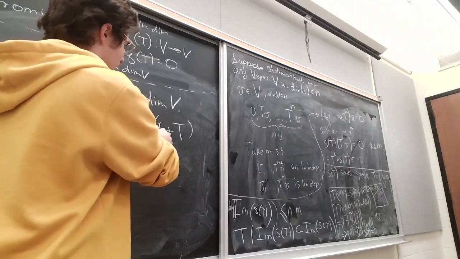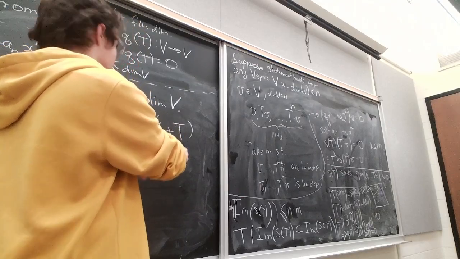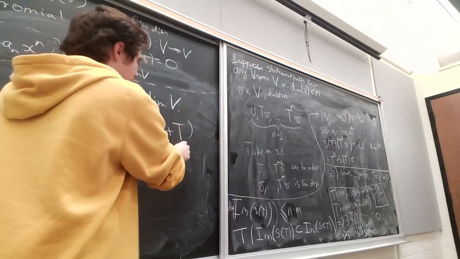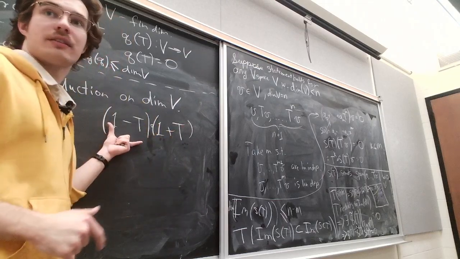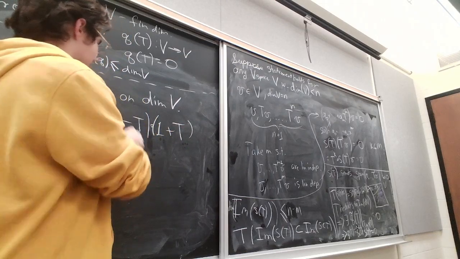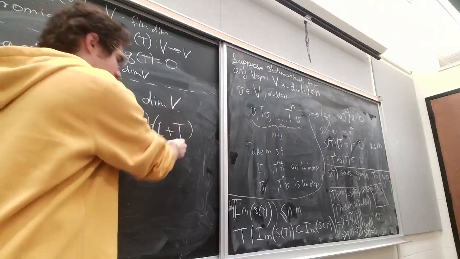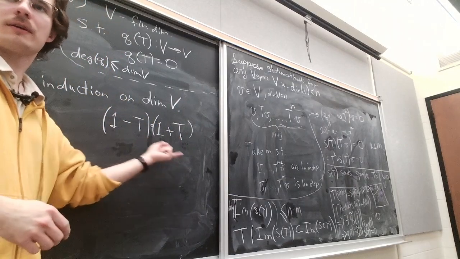Because this function outputs 1 of whatever vector, and this outputs t of whatever vector. Do you agree? And then I feed that into here. But that means that's the same as doing 1 of this vector, 1 of this vector, minus t of this vector, minus t of this vector. But that's just the same thing as multiplying polynomials, right?